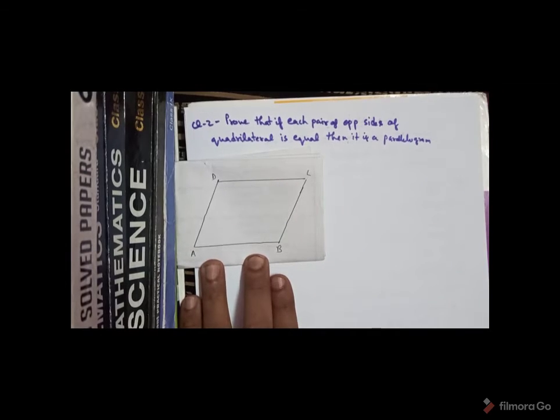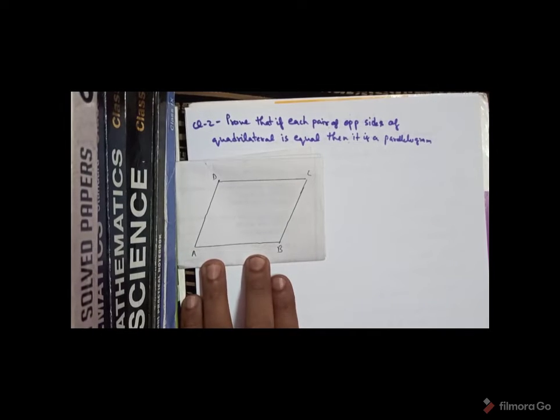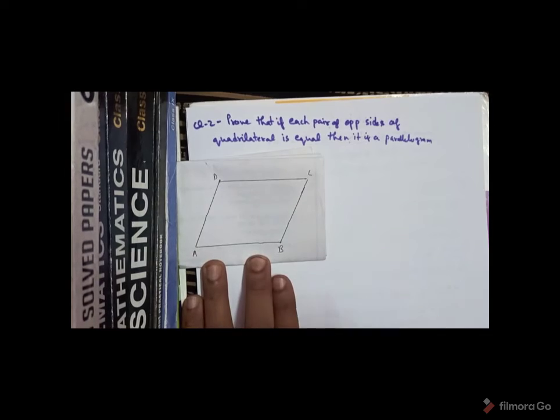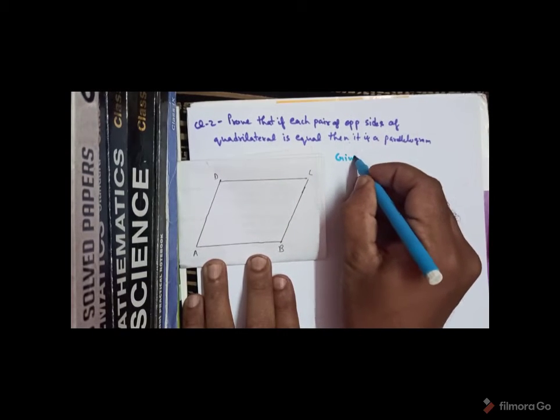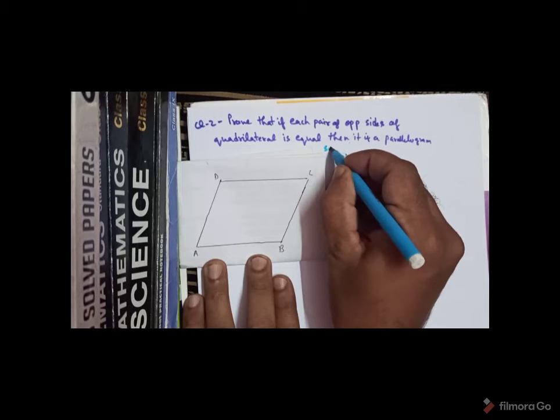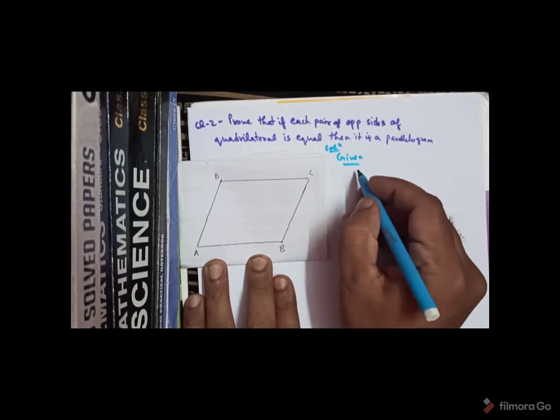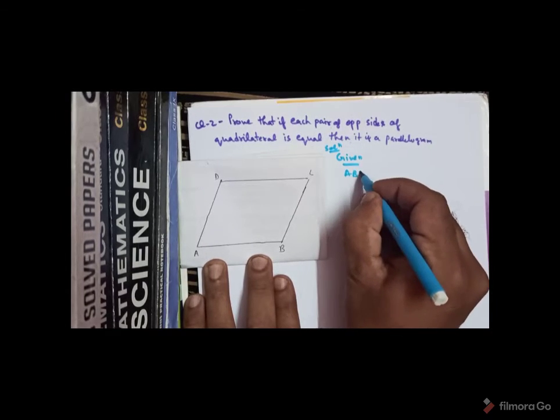Okay, question number 2. In this question we have to prove that if each pair of opposite sides of a quadrilateral is equal, then it is a parallelogram. So first of all we have to draw a figure. So I have drawn a parallelogram ABCD. So we will write the solution of the question.